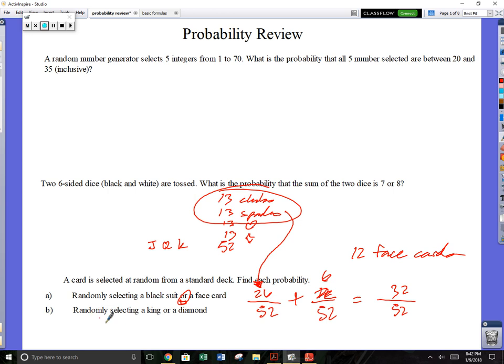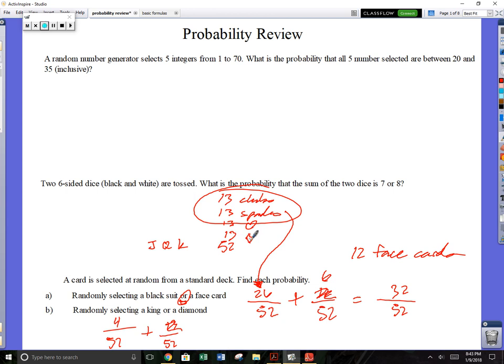Okay, randomly selecting a king or a diamond. So there is a king in each of the 4 suits. So there's 4 winners out of the deck of 52. Or a diamond, so I'm going to add all of the diamonds, which there are 13 diamonds out of 52. But actually, we've already counted one of those diamonds.